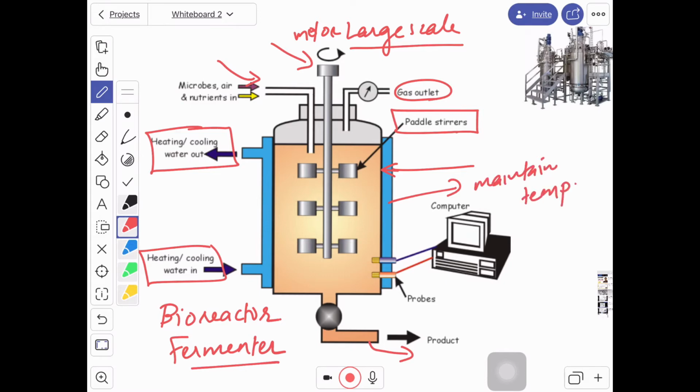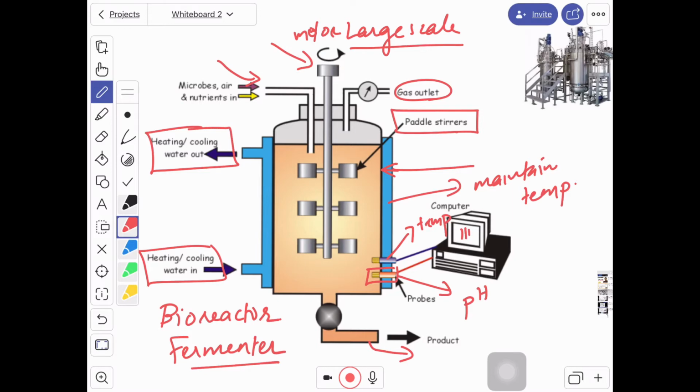The entire system is connected to a computer, and you can see two probes. These are probes to check pH and to check temperature. The computer monitors the working of the fermenter every second, and the outputs are displayed on the screen.